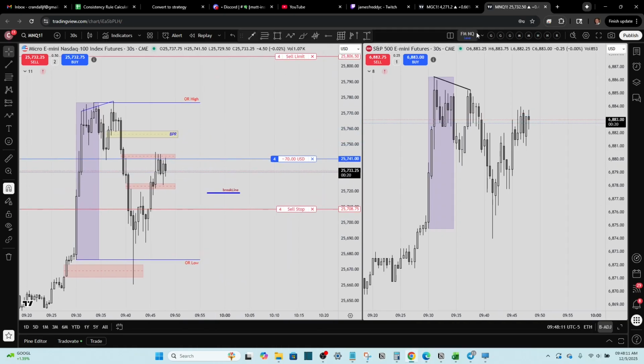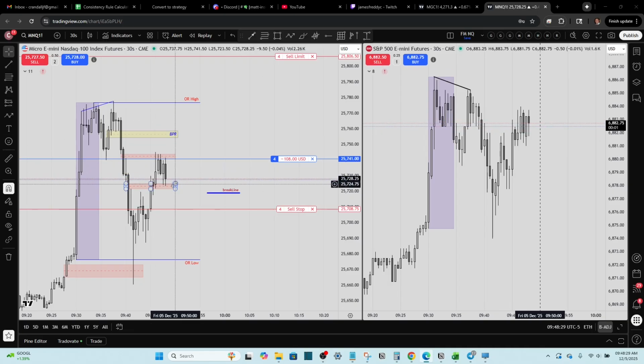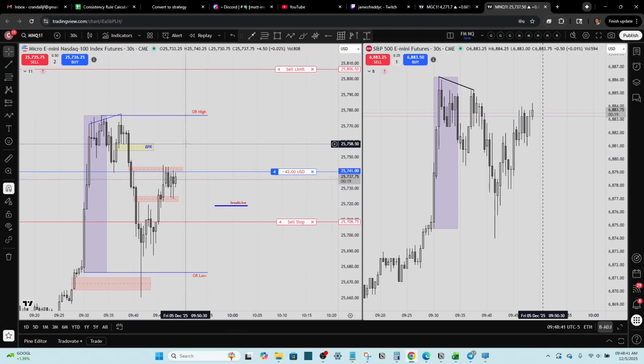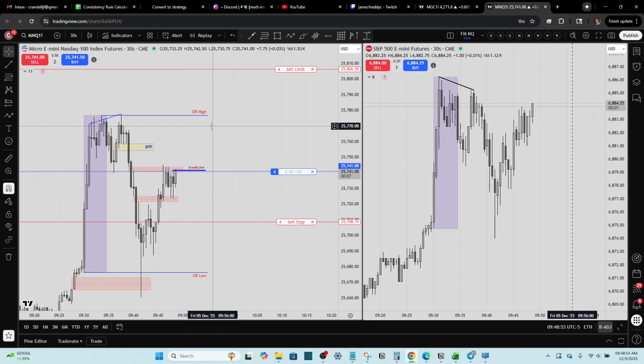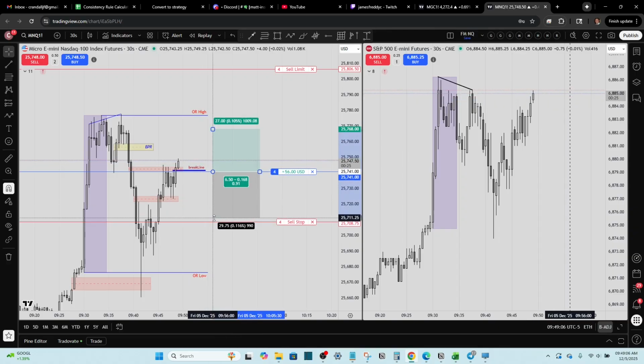The reason I entered long is that I saw the SMT at the lows. We inversed, and I'm also looking at this candlestick pattern. It's a three candlestick pattern, a bullish, bearish, bullish pattern. If you look at that little area of consolidation, you'll see it pretty clearly.